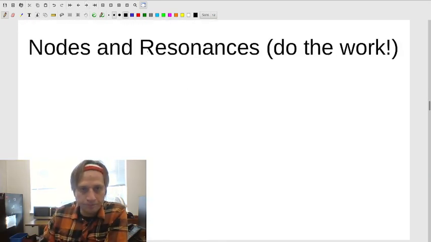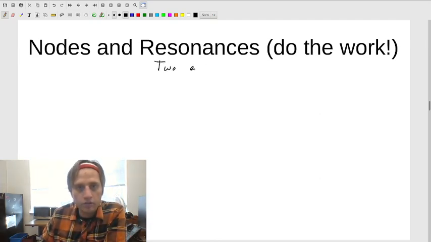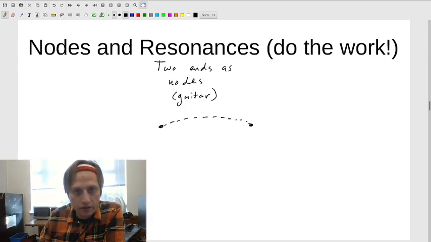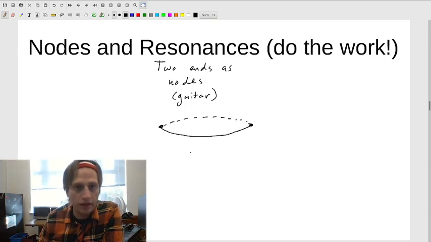So let's say that you have 2 ends as nodes. Our example here would be a guitar. Well, what sort of resonance would we expect? We would expect to get a standing wave pattern that looks approximately like this.